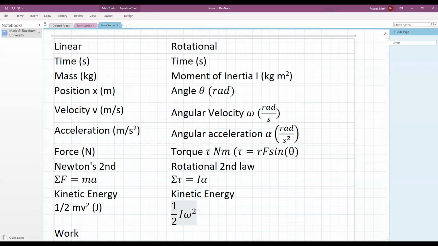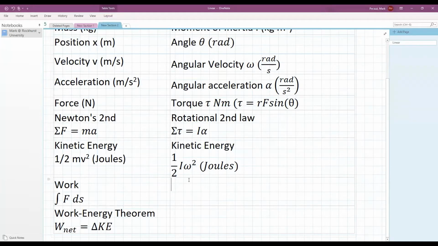So that's 1/2 I omega squared. The unit for this is the same as the regular unit: it's still joules. Okay, let's move on to the rotational version of work. The rotational version of work is still work.